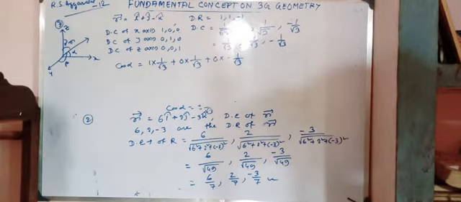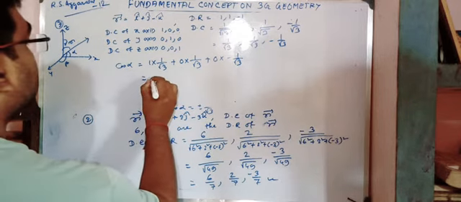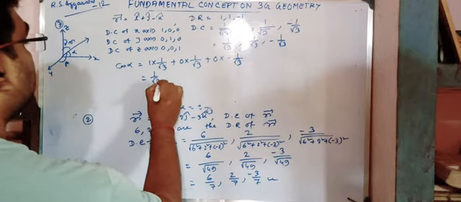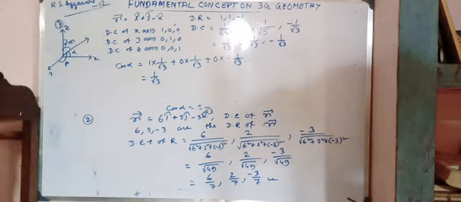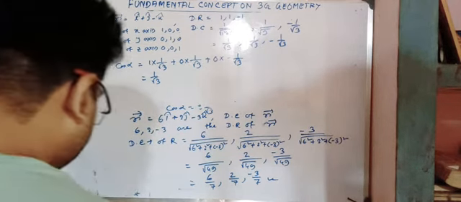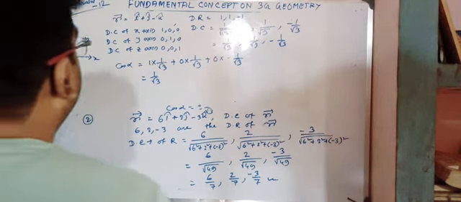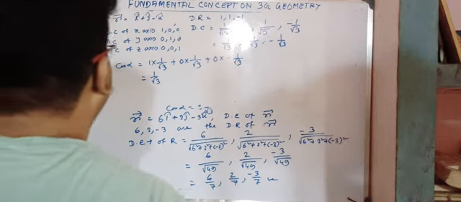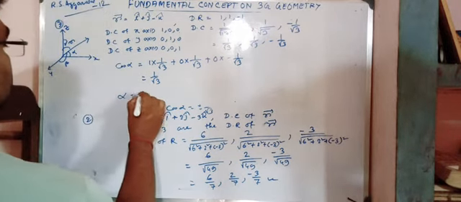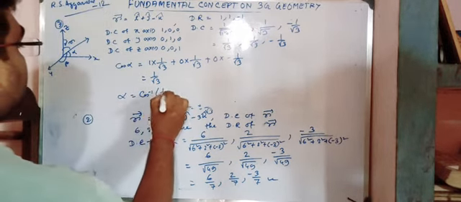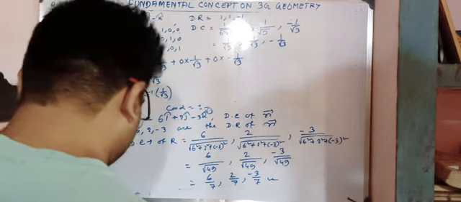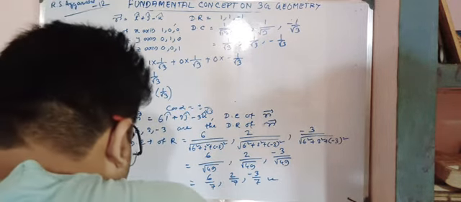Understood that? So we are getting a result 1 by root 3. Okay. Now alpha should be cos inverse 1 by root 3. Understood that?